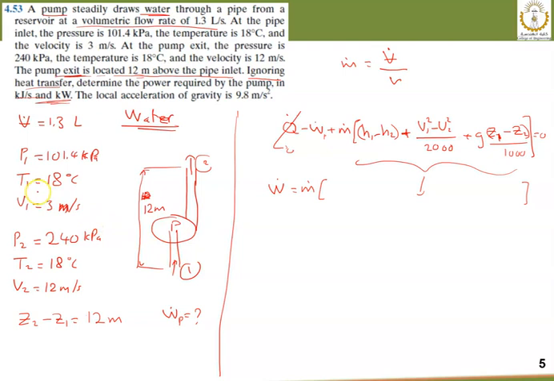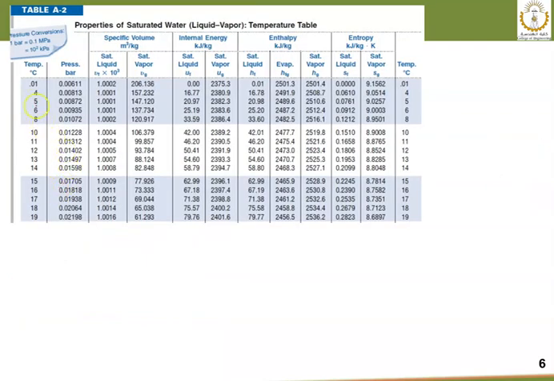If you go to table A2 and for the temperature of 18 degrees centigrade, we see that the saturation pressure is 0.002 bar or 2 kilopascal.